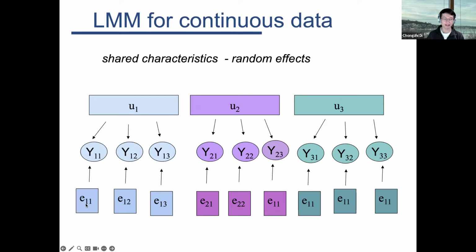I'm denoting the noise at the first visit for the first subject as E11, and E12 is the second visit. U1 is unobservable. For the second subject you have the unobserved random effect U2, and U3 for the third subject. So at each time point, what you actually observe is a combination of two things: one is the underlying individual characteristic, which is not observable, and the second is some random variation or noise.